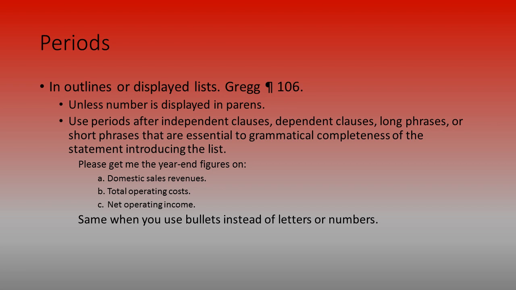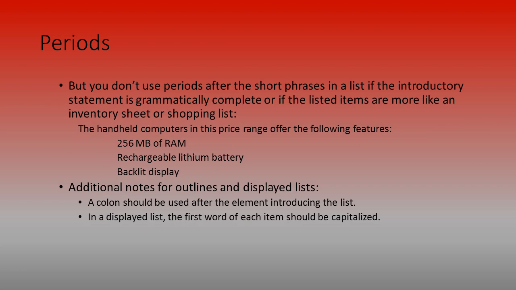And it's the same when you use bullets. Instead of letters or numbers, you would still use the periods at the end. Don't use them after short phrases if the introductory statement is grammatically complete, or if the listed items are like an inventory sheet or a shopping list.